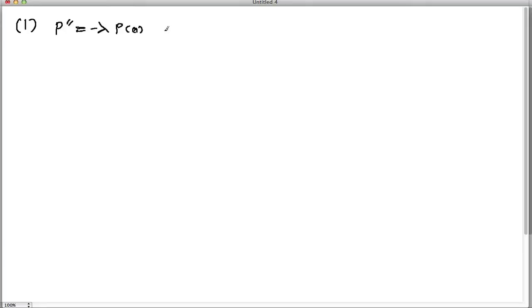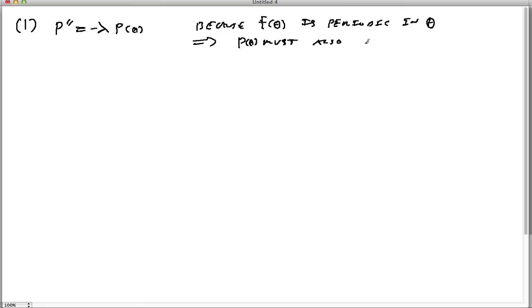So first of all, because f of theta, our boundary condition, is periodic, then P of theta must also be periodic.